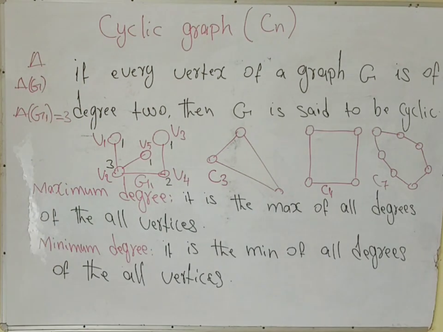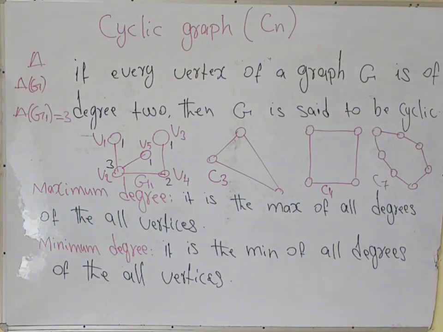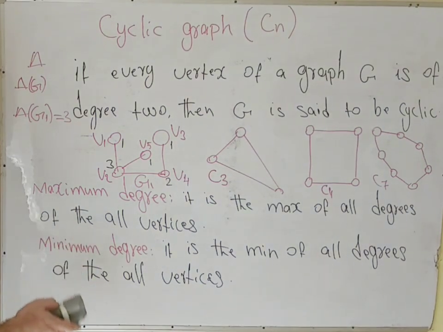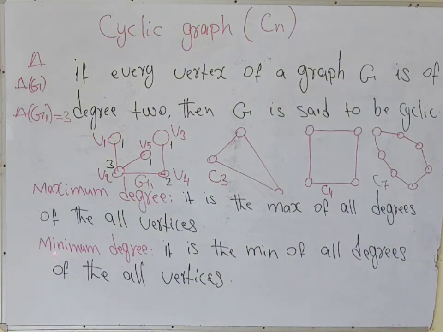Okay, let's go to minimum degree. What is the minimum degree? The minimum degree is the minimum of all the degrees of all the vertices. It means among the degrees of the vertices of a graph, the smallest one is called the minimum degree of the graph.